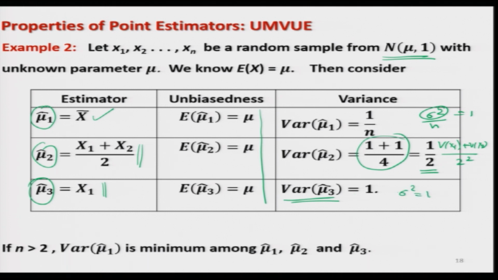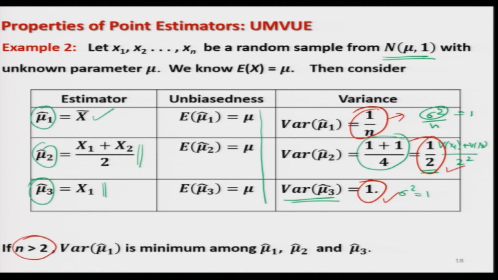So, now you can see here that out of these 3 values, 1 upon n, 1 upon 2, and 1, this 1 upon n is going to be smaller than 1 upon 2 and 1 if n is greater than 2.